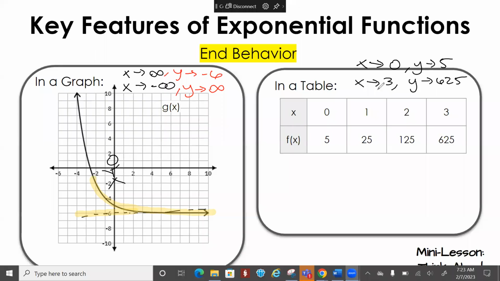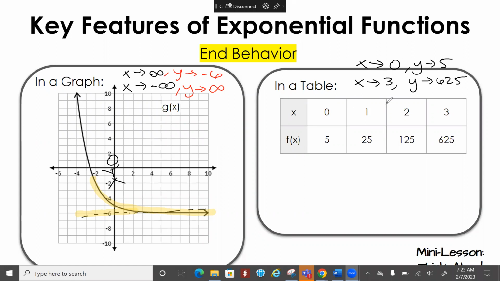Okay. So then we're going to say as x approaches 3, your y is approaching 625. Again, I can't speak for positive infinity because I don't know where this table would actually go. Okay, normally they use tables for in context problems. Another thing that you might see, and I just want to give this to you so you're not thrown off by it.